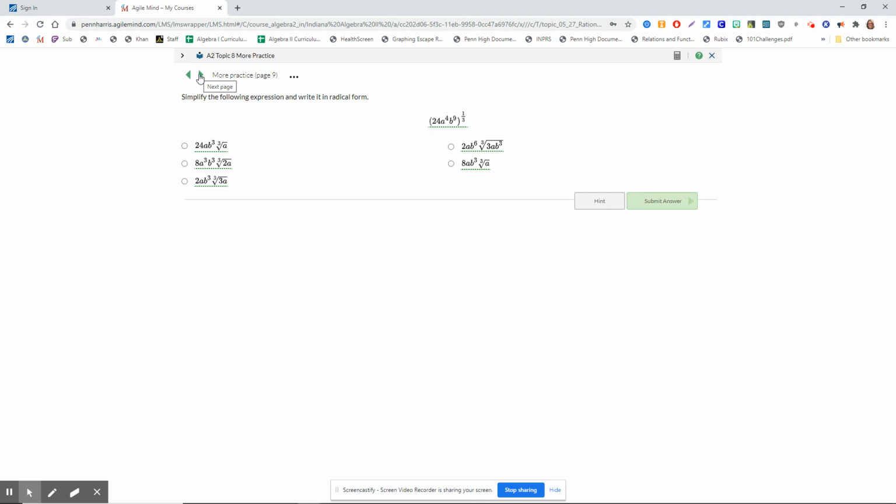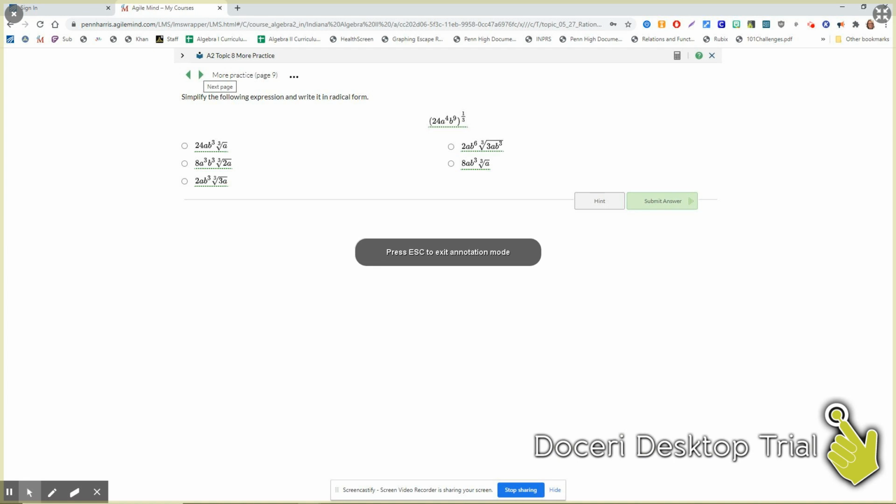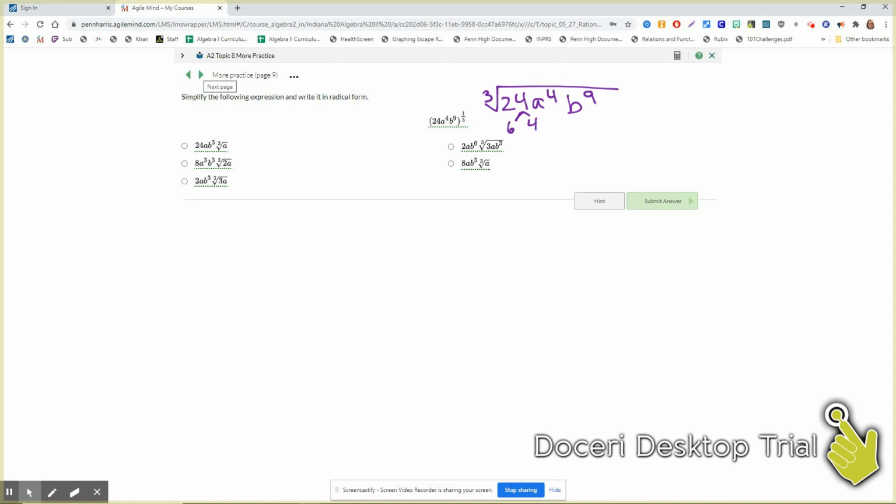Number nine, it may be easier to think of this in cube root form. So I'm going to write this out as the cube root of 24a to the 4th, b to the 9th. Break apart that 24 and I get 6 and 4, 3, 2, 2, 2. So I have a set of 2's that come out and I have a 3 left inside.